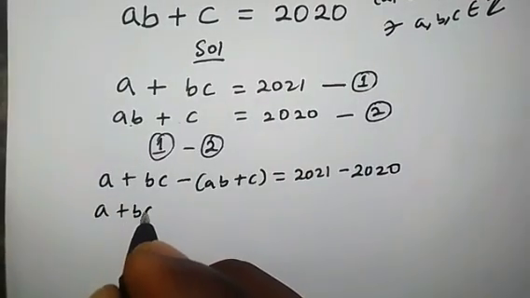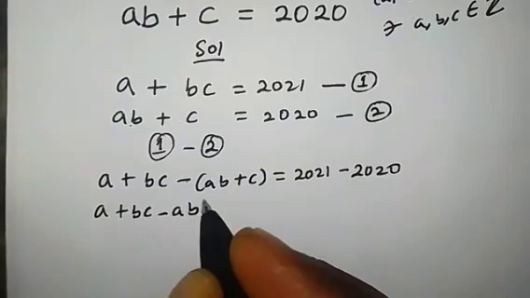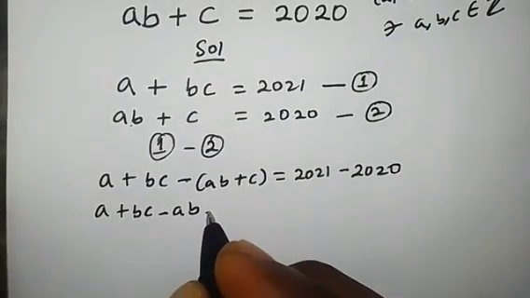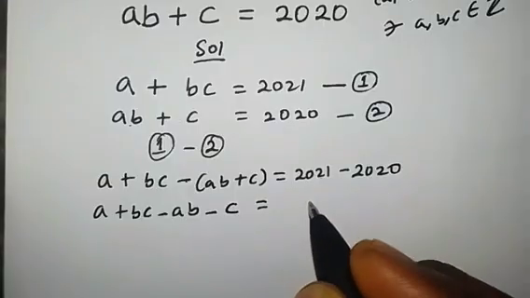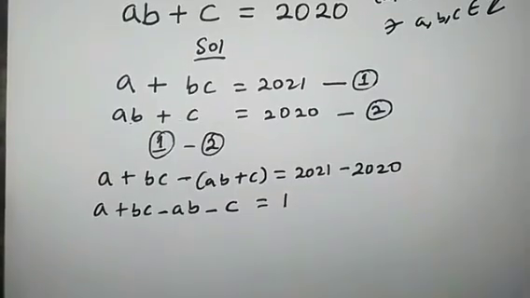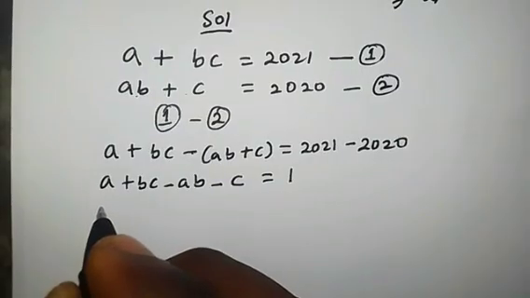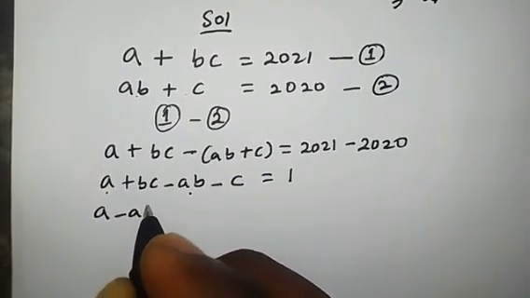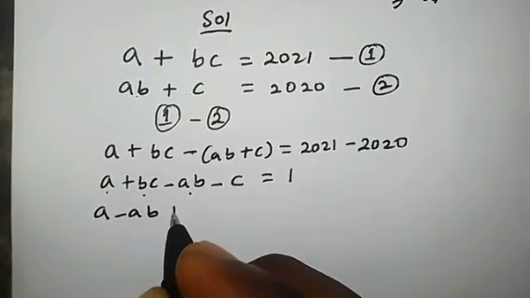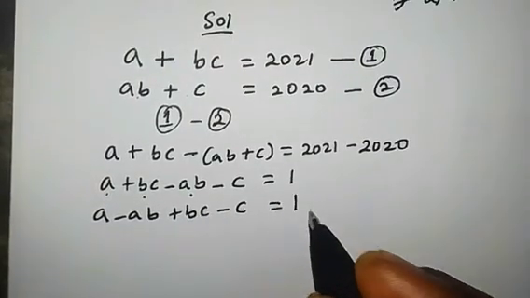A + BC - AB - C = 2021 - 2020, that is 1. Now, let us rearrange this left hand side. So that will be A - AB + BC - C = 1.